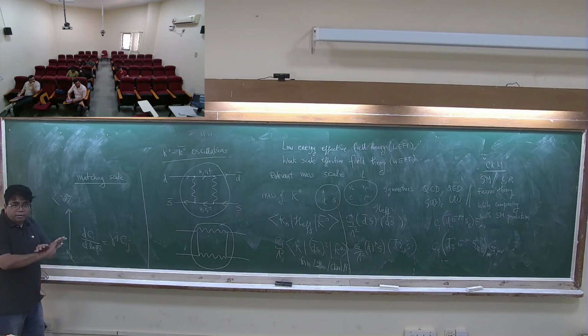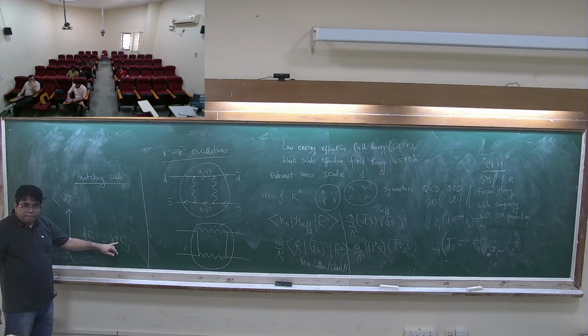Now, so far I have not done anything with the standard model. You see, I have not done anything with the standard model. So this gamma_ij is not diagonal, so it will mix different operators.